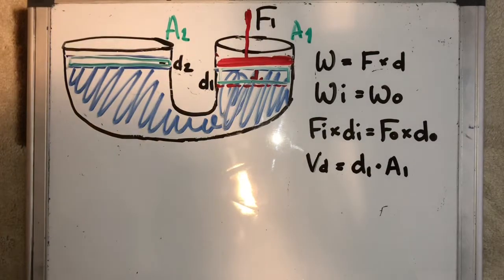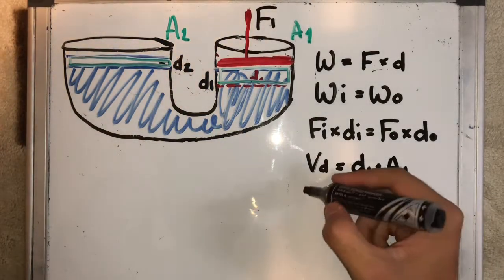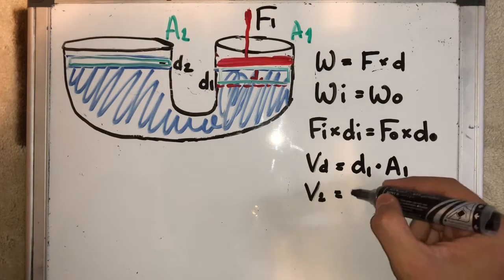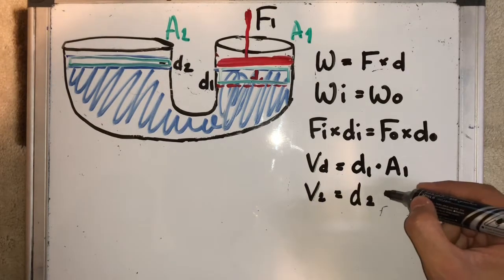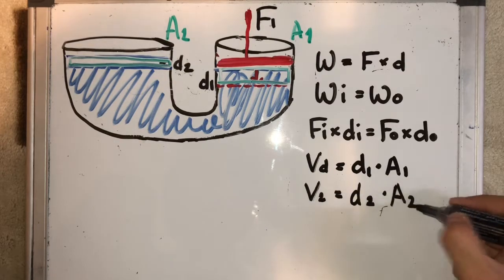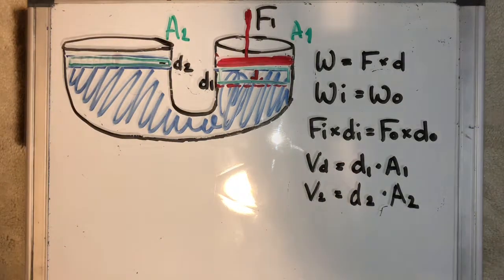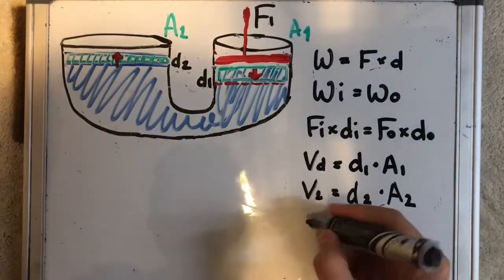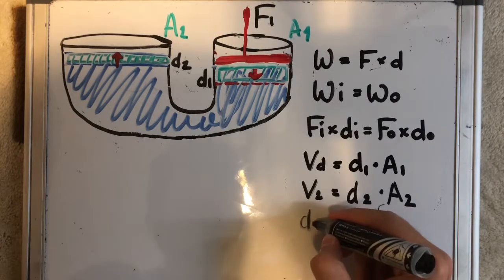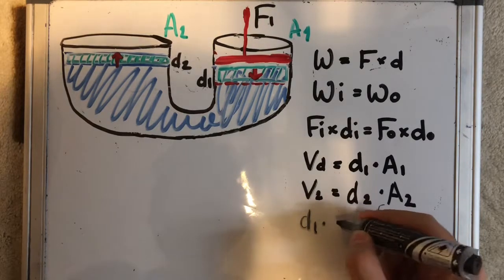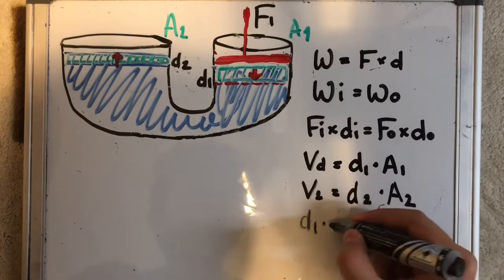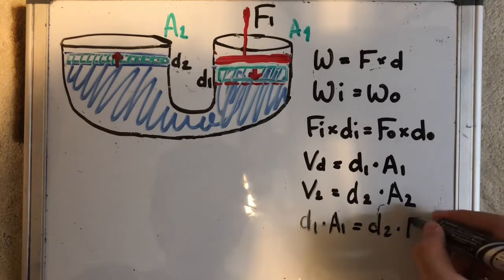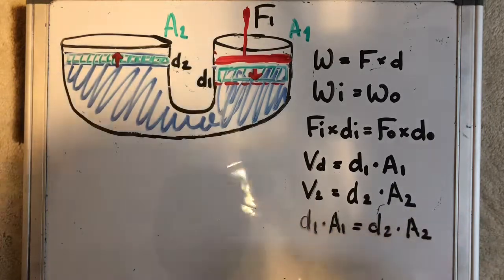The volume that will rise can be written as V2 equals distance 2 times area 2. Since both volumes are equal, we can say that distance 1 times A1 equals distance 2 times A2, or area 2.